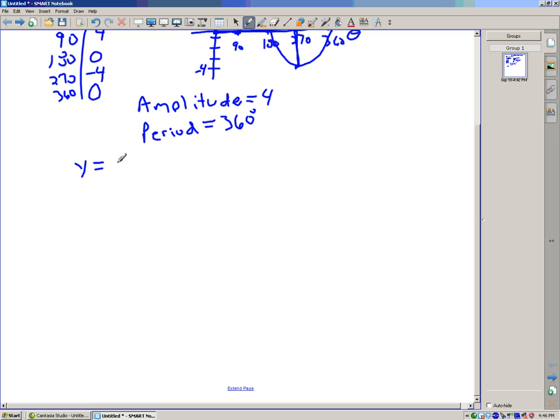So let's do y equals 3 cosine of theta. I'm going to have the same kind of table over here. I'll have x equals theta, and I'll have y equals 3 times the cosine of theta.